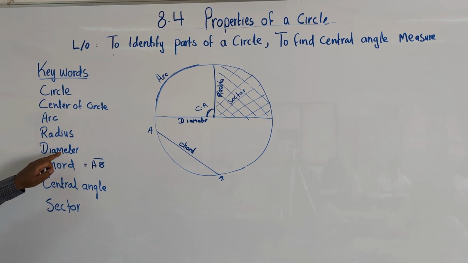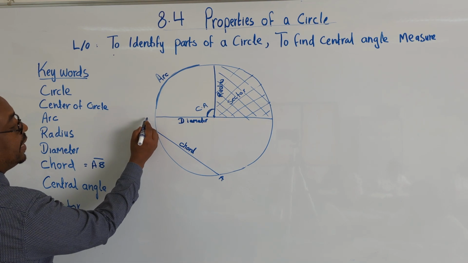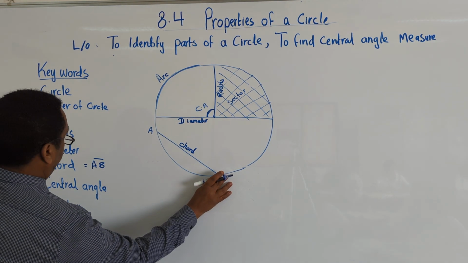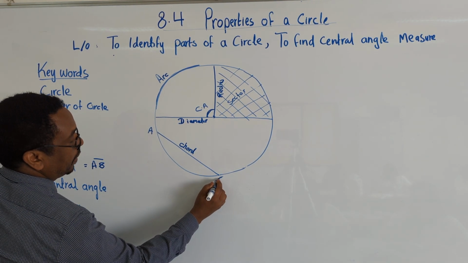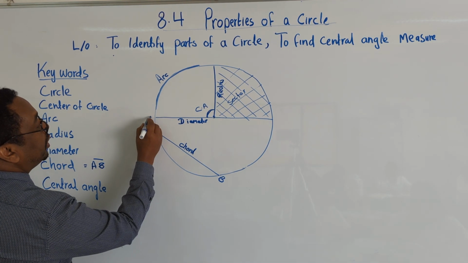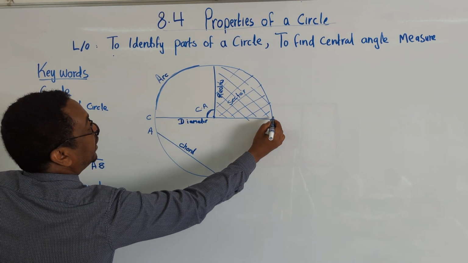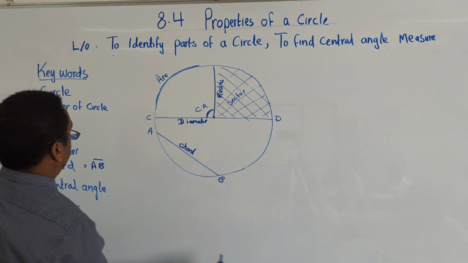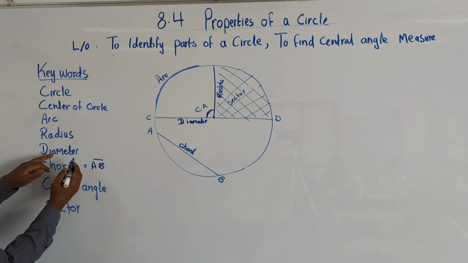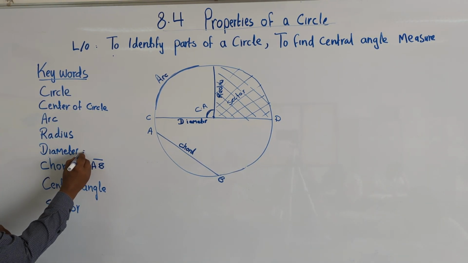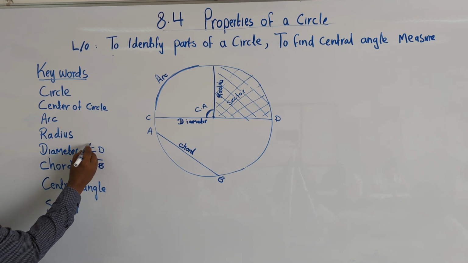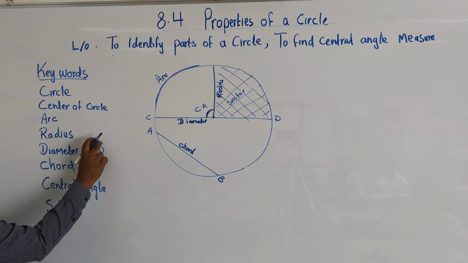Now if I ask you to identify the diameter, if I give names here, I say okay, so this is C, D here, then you will call the diameter CD. So you have identified it.